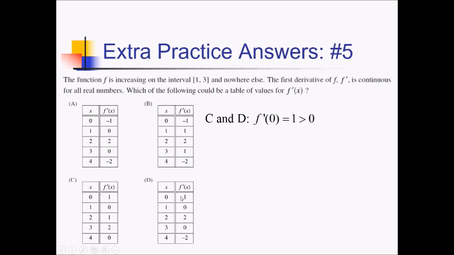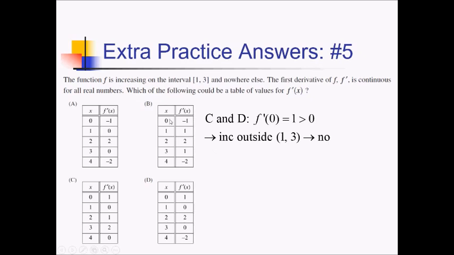So this is a bit of an issue because we didn't want to be increasing anywhere else other than between 1 and 3. So because we're increasing outside that interval that they specified up here, C and D can be eliminated. There's too much increasing going on in these two tables. So that leaves us with choices A and B.